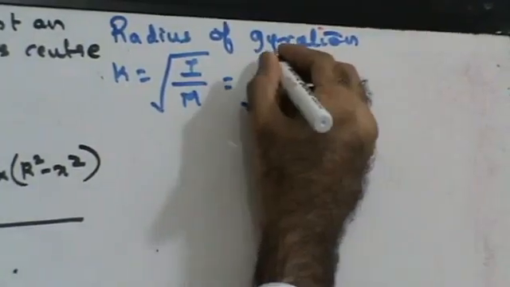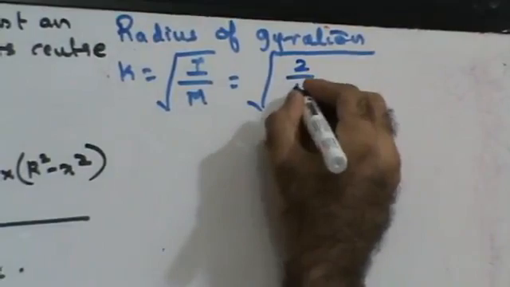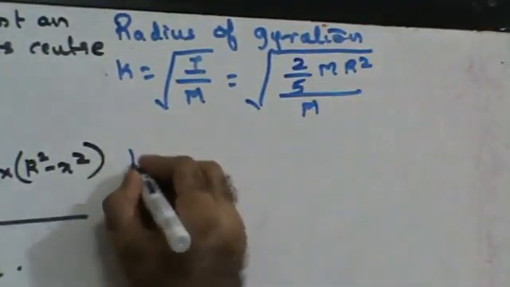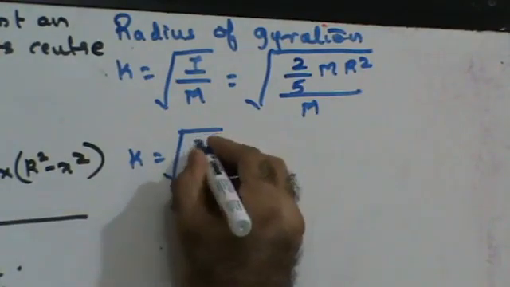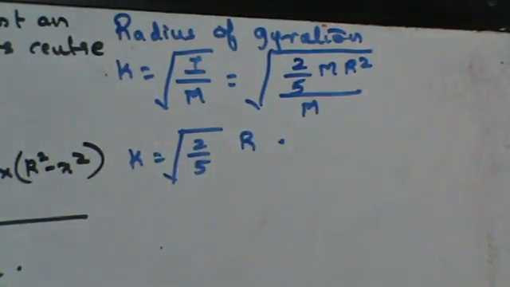So this is square root of 2 upon 5 mr square upon m. Therefore k is going to be nothing but square root of 2 upon 5 into r. That is going to be my radius of gyration. So this is my moment of inertia of a solid sphere about its diameter. Fine, do we get this thing here?